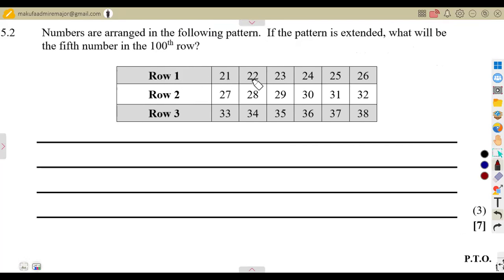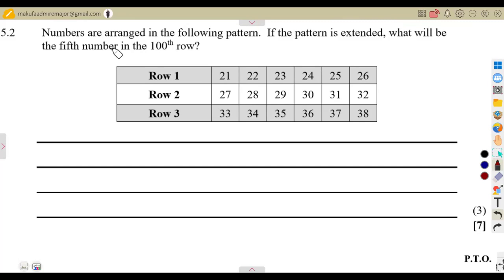Row 1, 22, 23, 24, row 2. It's a continuation, guys. Okay? Same difference throughout. So meaning to say it's just a continuation, like that is what is happening in this case. 25, 26, and so on. But when you're considering in terms of the rows, what are you obtaining in terms of the rows?